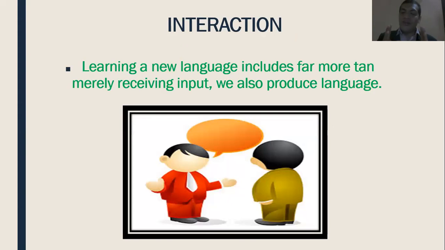So students must interact with other people. They have to use that language to give a message, to communicate with other people. And that is why interaction is really important when learning a new language. The learners must know how to communicate and how to give clear and comprehensible messages to other people.